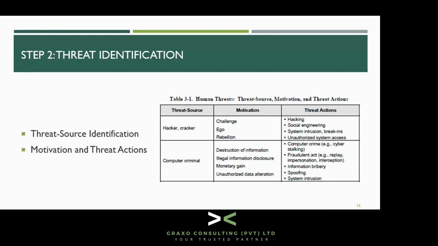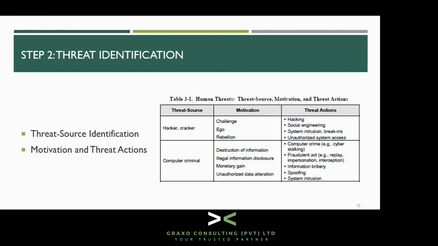The goal of this step is to identify the potential threat sources and compile a threat statement listing potential threat sources that are applicable to the IT system being evaluated. For example, in this diagram, we can look at different threat sources, such as a hacker.